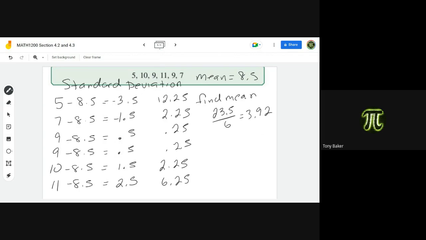That's standard deviation. Almost. That is variance. That's known as your variance. Standard deviation, we squared it, right? How do you get rid of a square? We square root it. To find your standard deviation, you have to square root that. So square root of 3.92. Now you're going to use that check mark symbol.